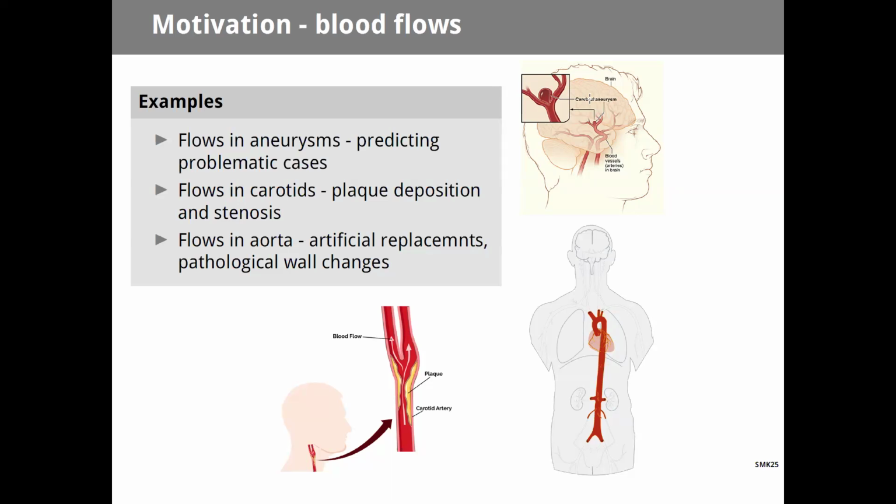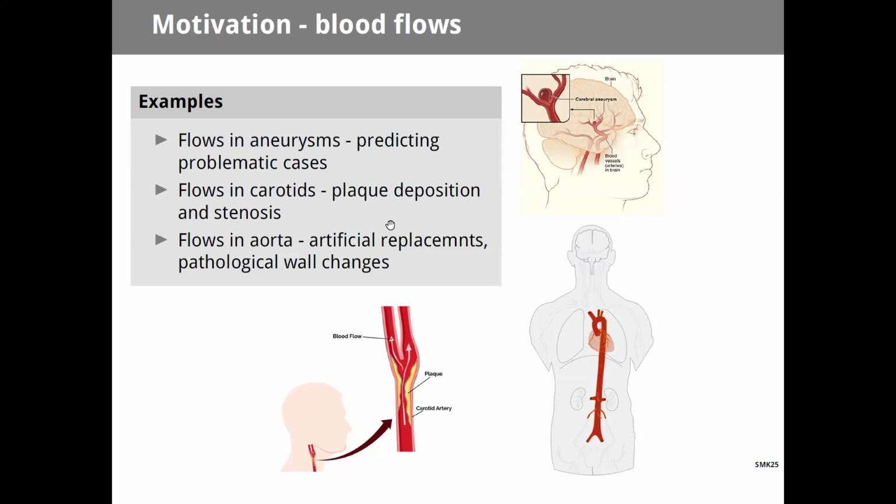then it's very dangerous. Other situation where you might think of blood flow modeling is carotid. So that's the blood vessels supplying the blood to the head. And there are some places where very often some deposition of blood happens, and the flow gets restricted. So we might think of investigating where this happens and how it can be prevented.